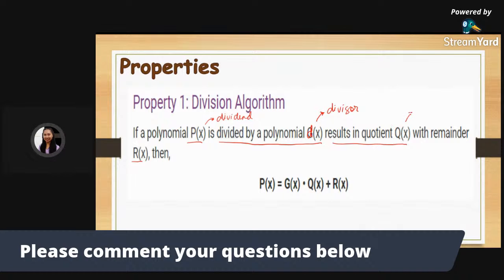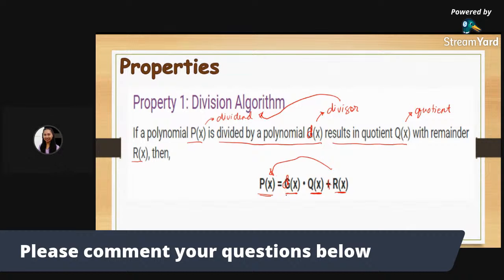and q is the quotient. Quotient is the result or the answer of your division. Dividend is the whole number that you are dividing, and the divisor is the one that divides your dividend. So your g of x or your d of x, this one is your divisor, multiplied by q of x plus the remainder, that is equal to your p of x or the polynomial itself.